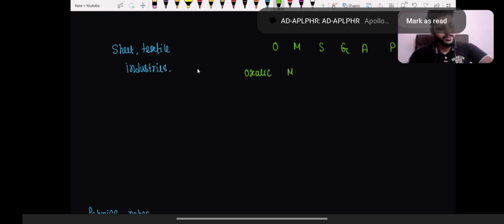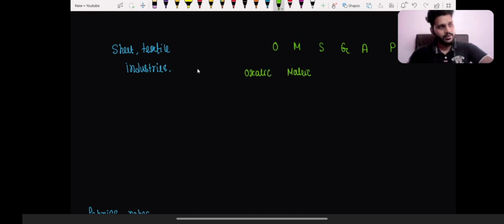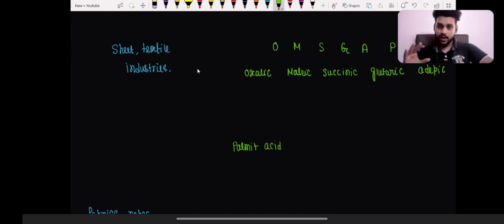M for malic acid. S for succinic acid. G for glutaric acid. A for adipic acid. P for palmitic acid. You need all these acids one way or another. So this acronym would help you with that.